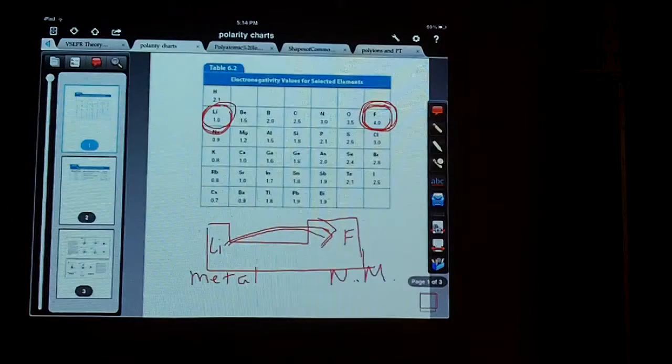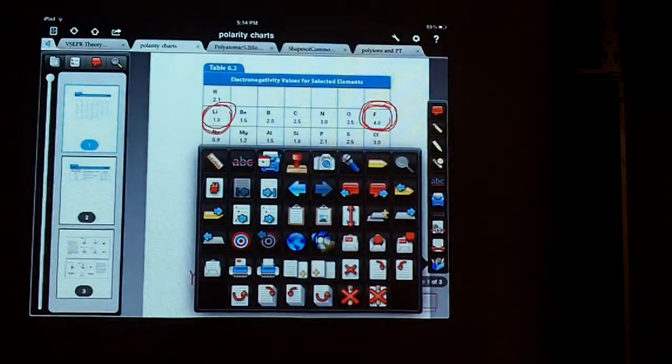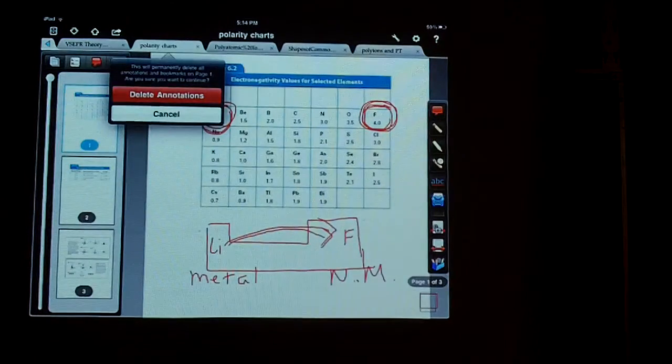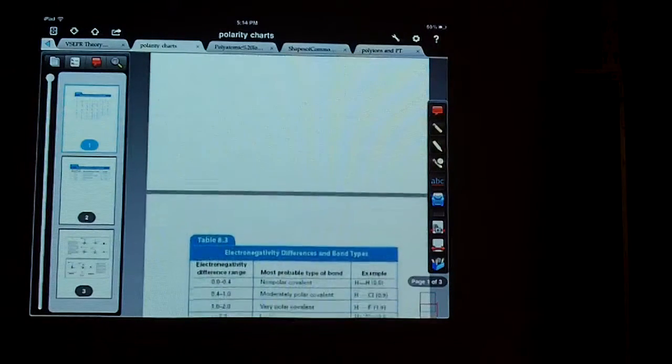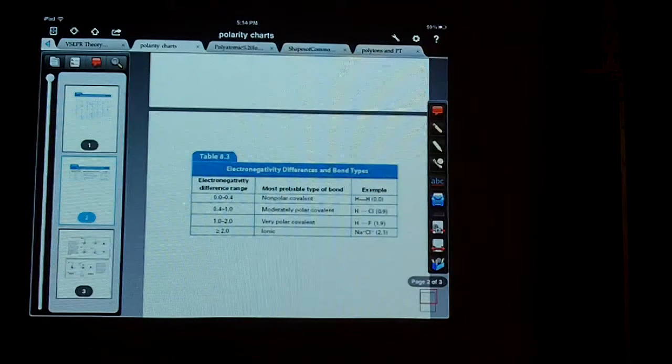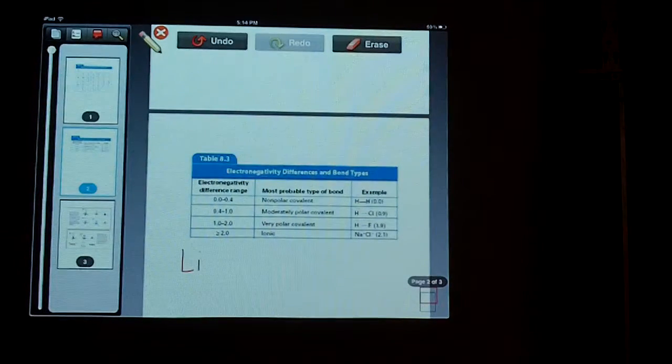But we can also use our chart. If we look at this chart, we had lithium, which had a number value of 1. And we had fluorine that had a value of 4. Right, look at that difference. The difference between 1 and 4 is 3.